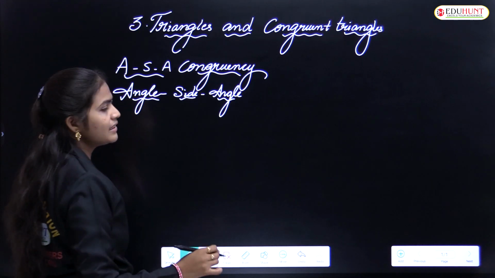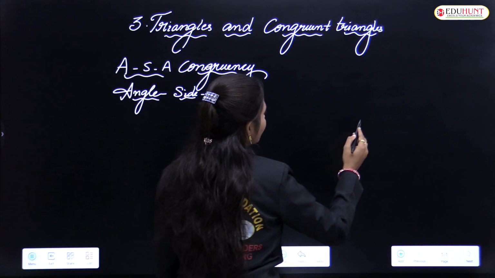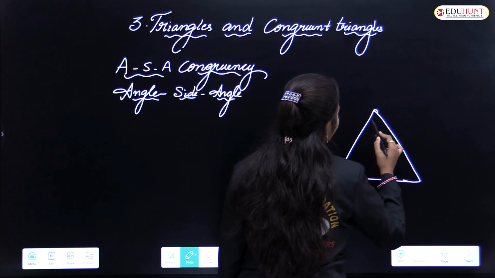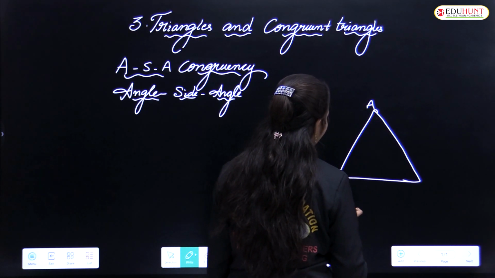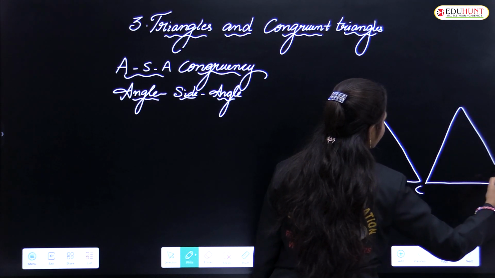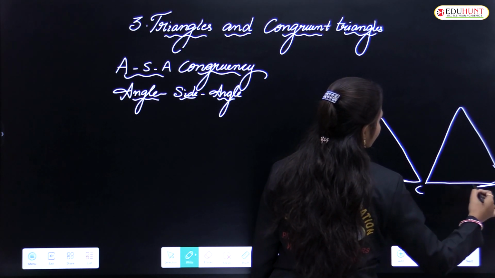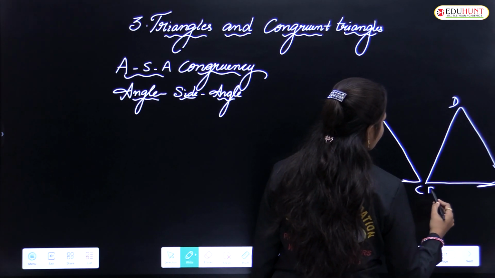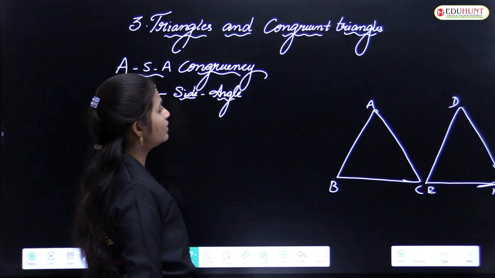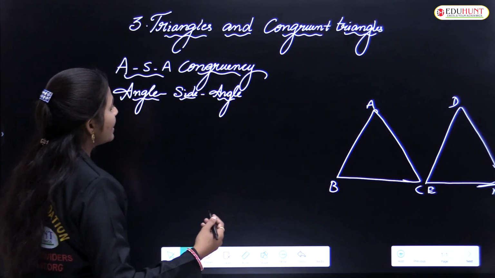So this is another congruency. Take another two triangles, here A, B, C, and another triangle D, E, F. Like this, two triangles. So angle, side, angle, no?